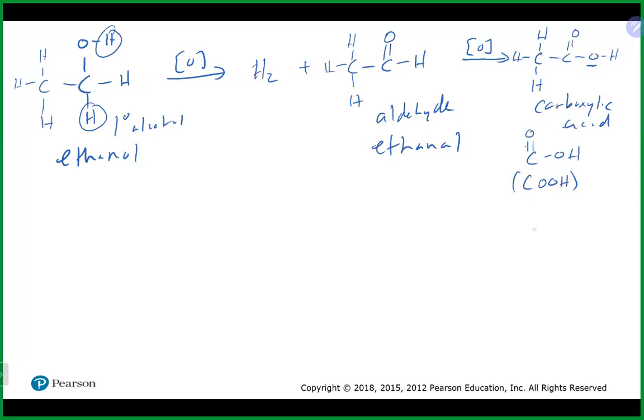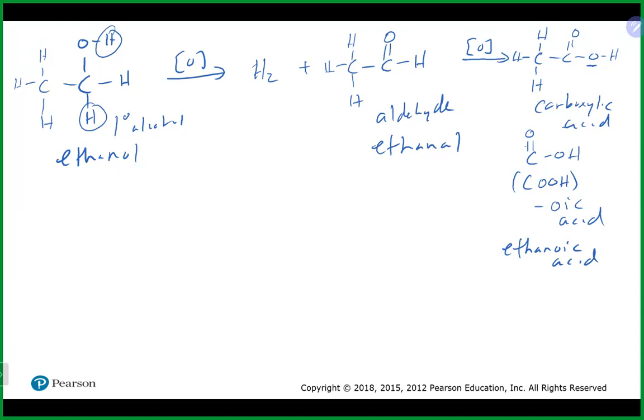So if you see that, that is how it's written. And it ends in OIC acid. So ethanol becomes ethanoic acid. So you have ethanol, gets oxidized to ethanal, which is an aldehyde, gets oxidized to ethanoic acid, which is a carboxylic acid.